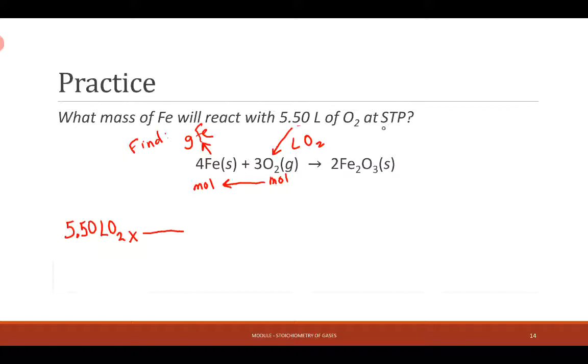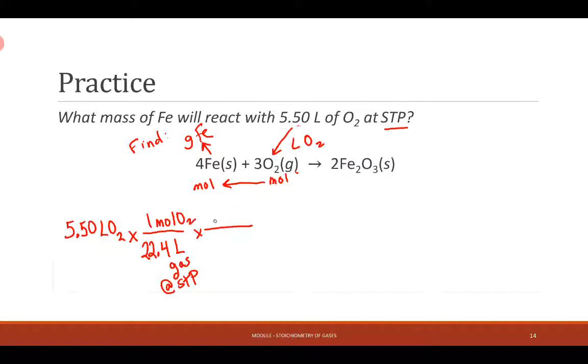Then since it is at STP and it's a gas, we can cancel out our liters of gas at STP in order to get into moles. 1 mole of any gas at STP occupies 22.4 liters.